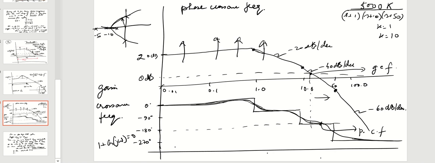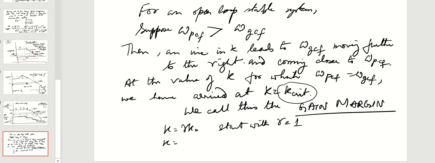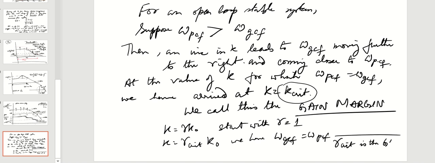If it comes closer to the phase crossover frequency, at some gamma critical times k0 we have omega GCF equal to omega PCF. Then gamma critical is the gain margin.